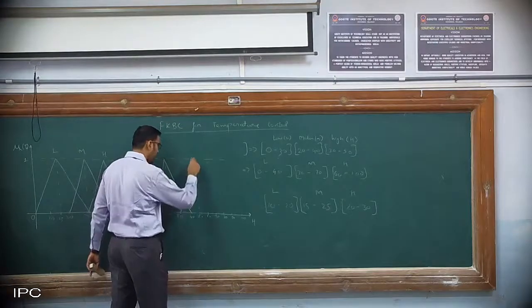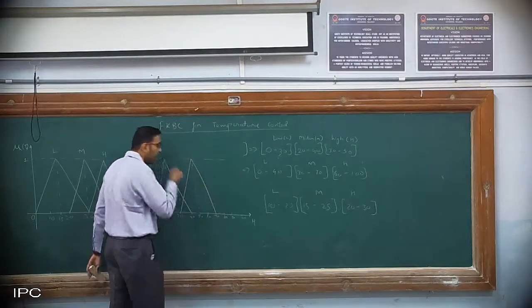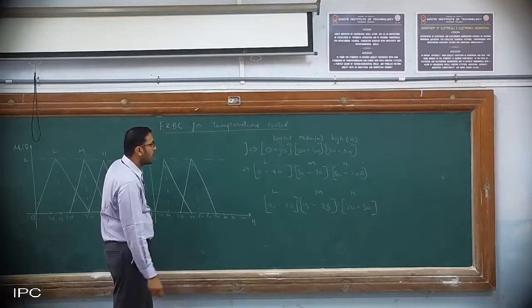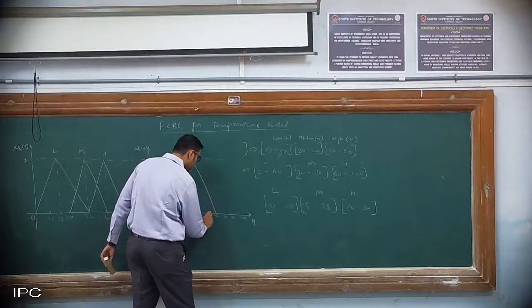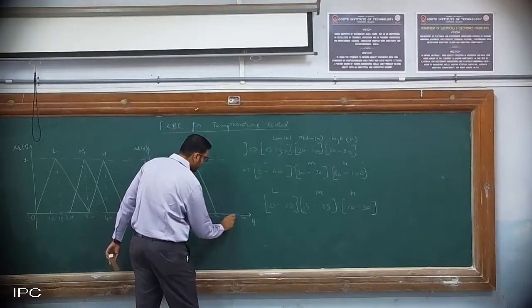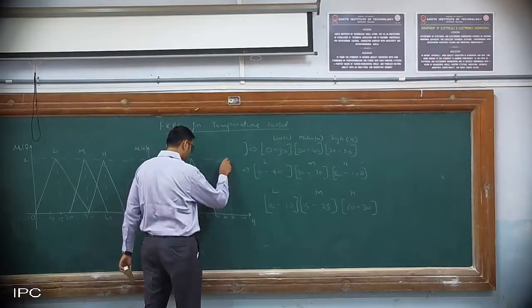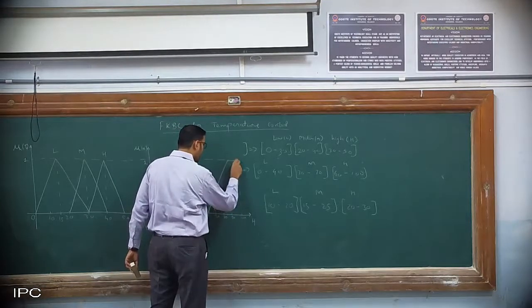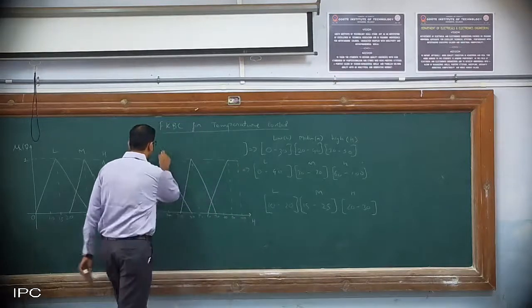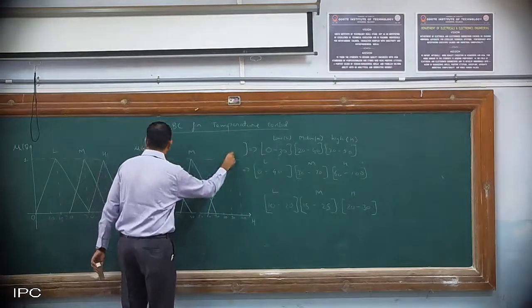Then the next is 60 to 100. Till 90 we will see it increasing, and then it will remain constant. So this is low, this is medium, and this is high.